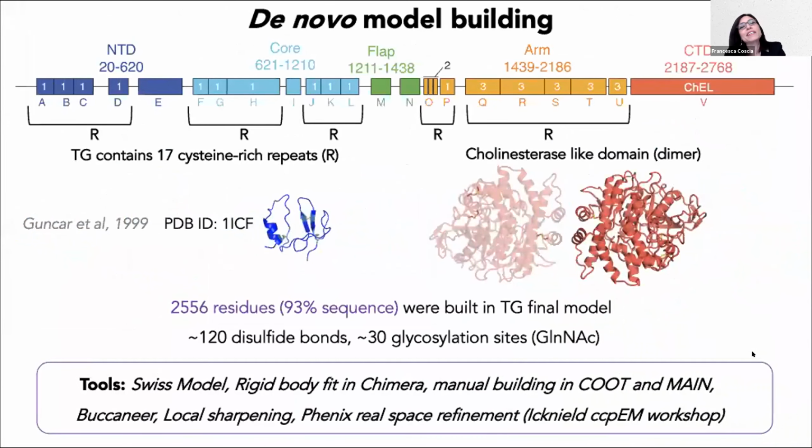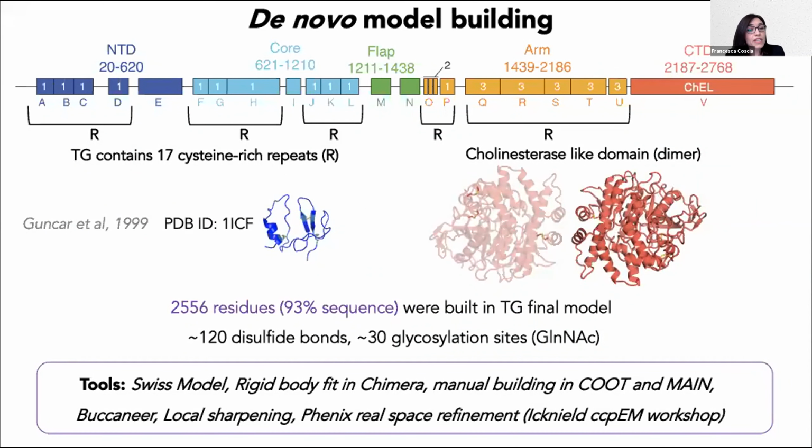This was really challenging because, as I mentioned earlier, TG is made by many repeated sequences, and they are also cysteine rich. So it is actually quite difficult to find the right path of the polypeptide chain. And the only big domain is a dimeric cholinesterase-like domain at the C terminus.